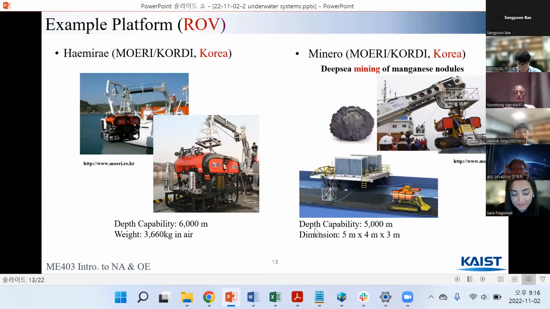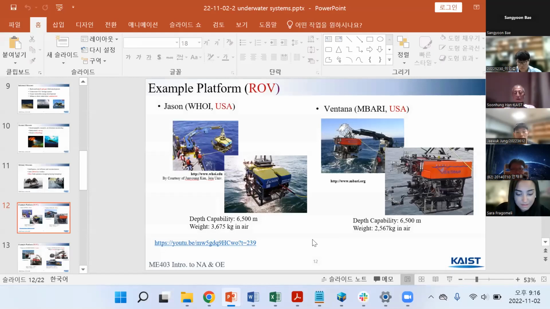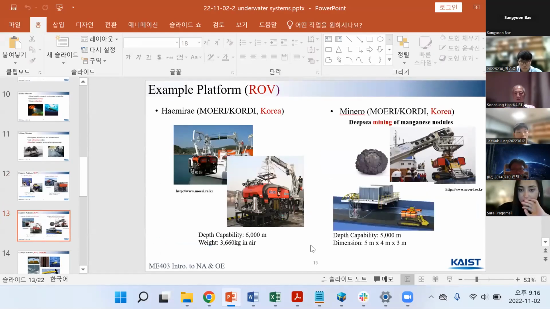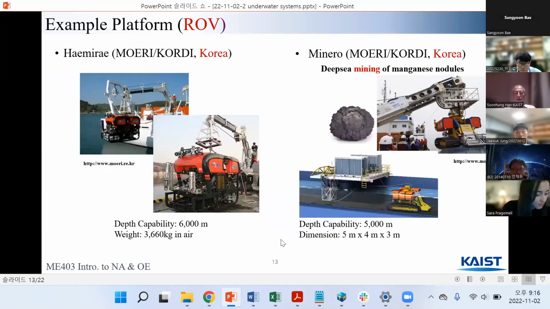Okay, so this is also an example platform for ROV. It's also an ROV, 12 million from Korea, Emirates, and also depth capability of 6,000.